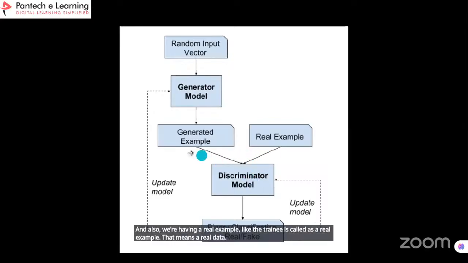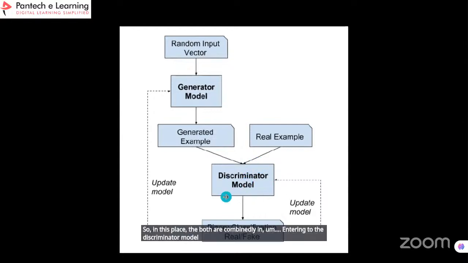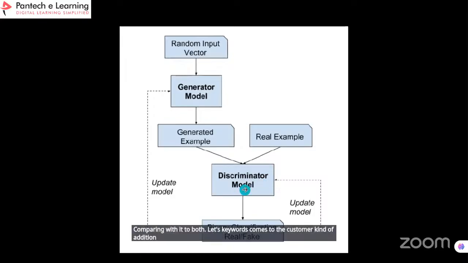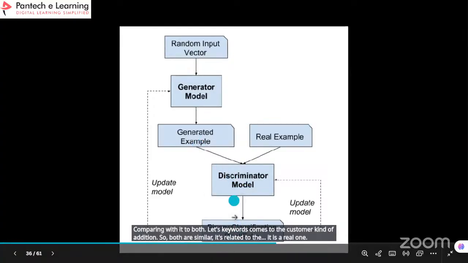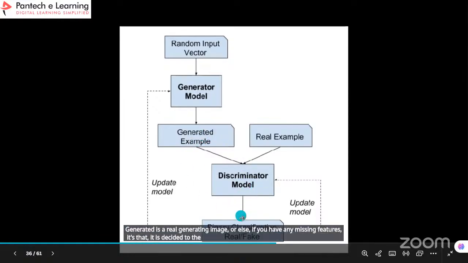Both are combined and enter the discriminator model. The discriminator analyzes both, the generated one and the real one, and compares them to reach a decision. If both are similar, it decides it is a real one, a real generated image. Or else, if there are any missing features, it decides the generated example is a fake one.